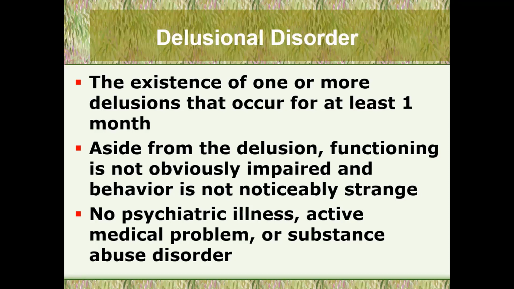Delusional disorder is defined as the existence of one or more delusions lasting for at least a month, and that apart from the delusion, functioning is not obviously impaired and behavior is not noticeably strange. There's no other evidence of a psychiatric illness, an active medical problem, or a substance abuse disorder. So it appears that the person is normal in every other way except for this delusion. Next slide, please.